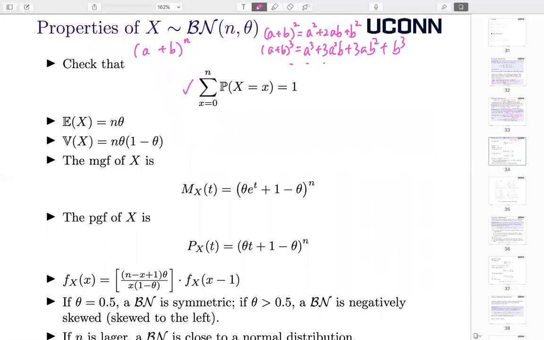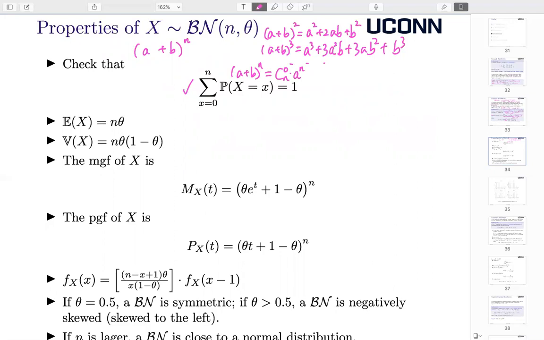That's when I need to apply the binomial expansion, right? So (a plus b) to the n will be, okay, C(n,0) a^n. So the meaning is, here I'm talking about picking b, right?